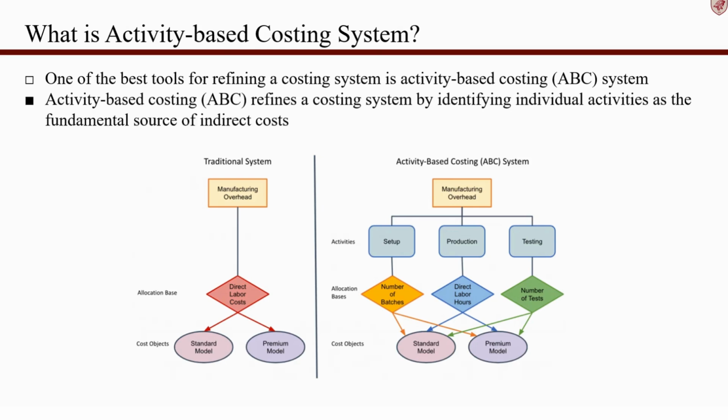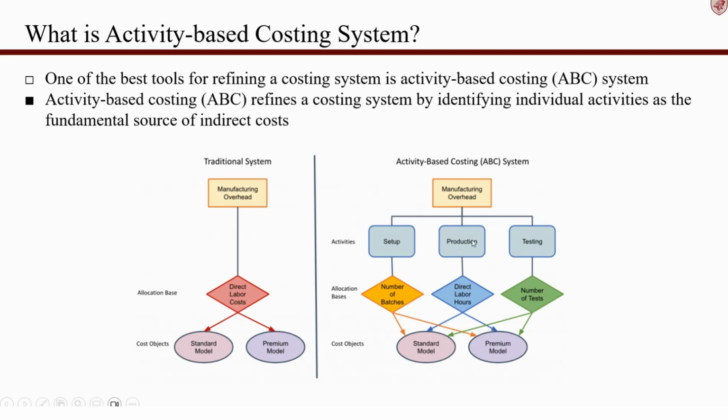So one of the best practices is to use what's called the ABC, or the activity-based costing system. So what is exactly the activity-based costing? Well, in activity-based costing, the indirect costs are basically identified based on different individual activities.